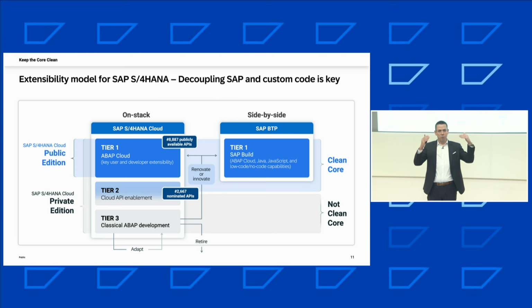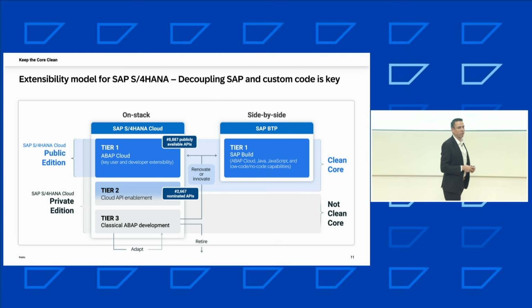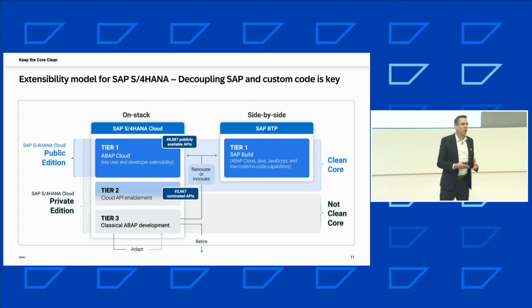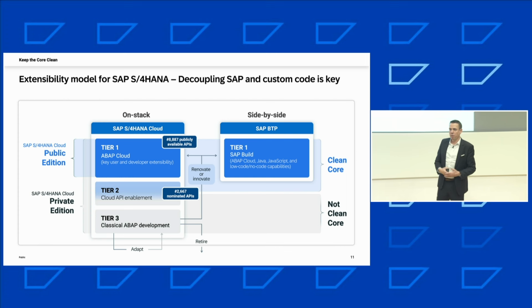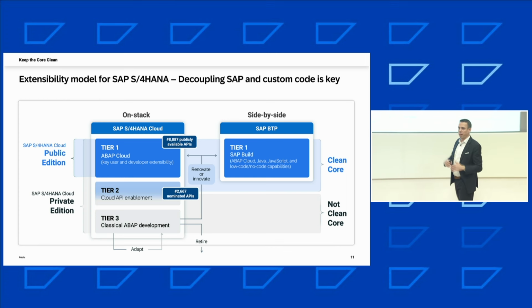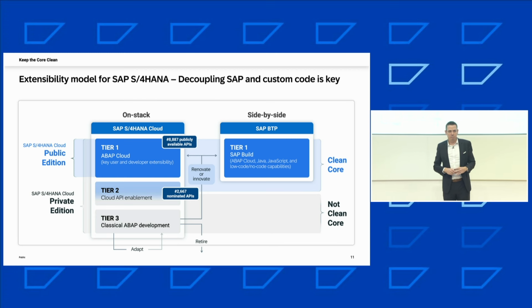One is if you think of on-stack APIs, where with your custom code you want to access certain objects in the S4 system, think of a CDS view, etc., which we consider also as an API. Plus, there are Tier 1 remote APIs, typically an OData API or a REST API that allows you accessing your S4 system from the BTP, or think of a Fiori application that accesses the stack.